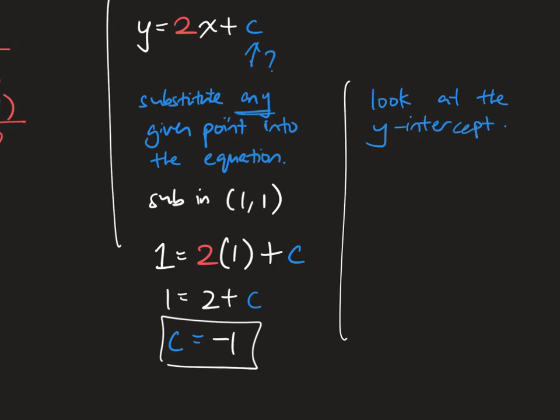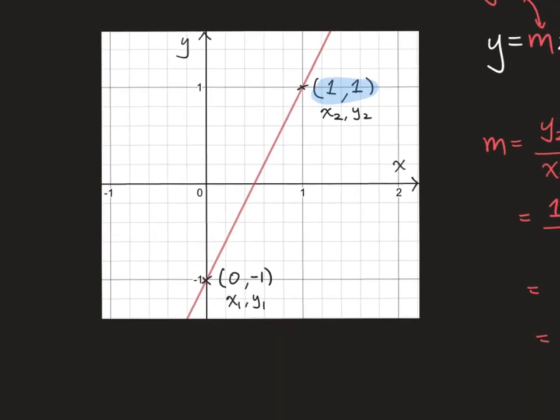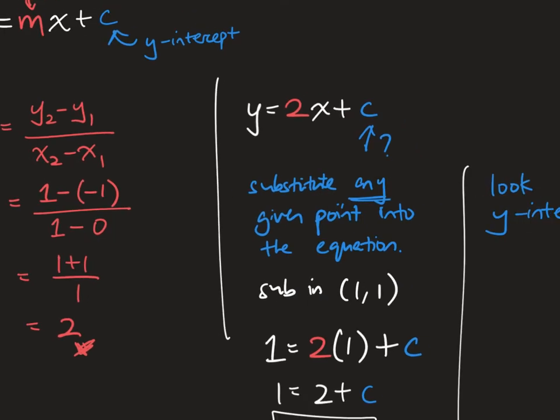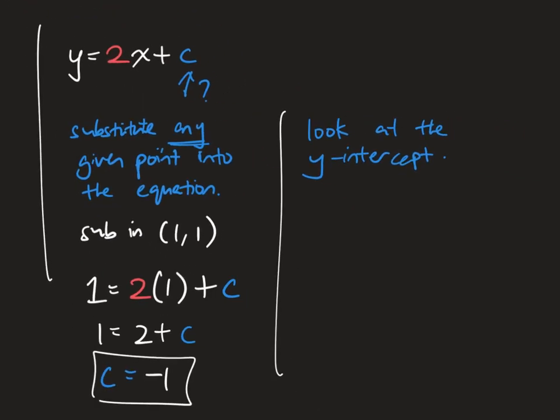That is because the y-intercept is actually here, where it cuts the y-axis, right? It's over here, and it cuts the y-axis. And what happens when you cut the y-axis? x is actually equal to 0.